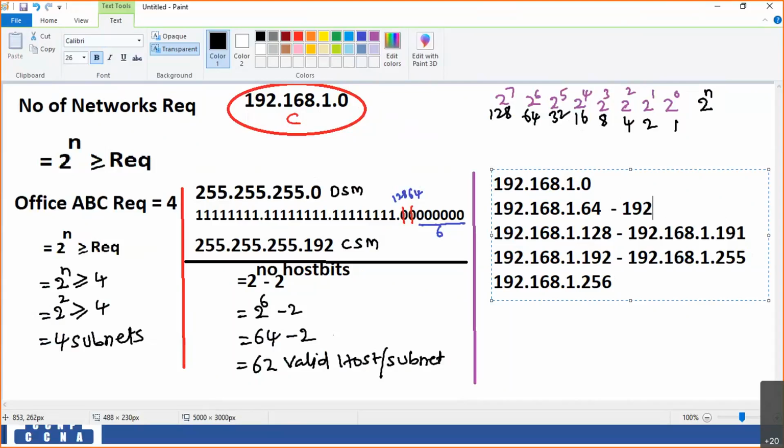So 192.168.1.127. Before 64? 192.168.1.63. So 256 is invalid. Let me remove it.